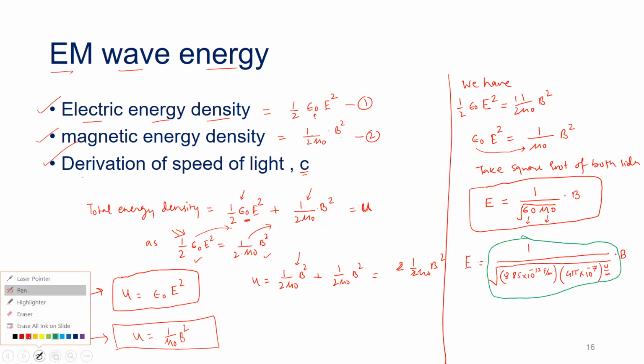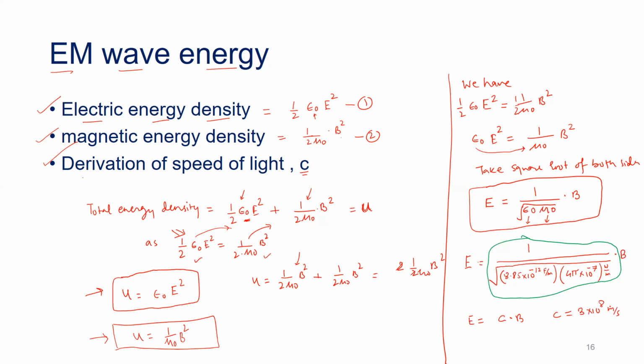And once we know that, we will see that E comes to be equal to C times B, and C is equal to 3 into 10 to the power 8 meter per second.